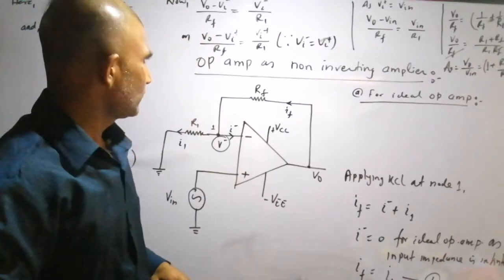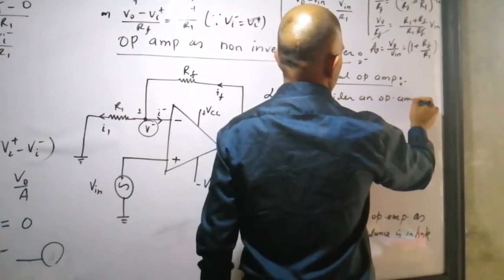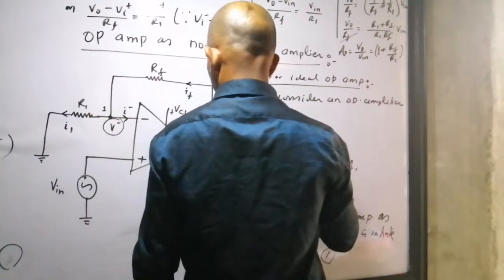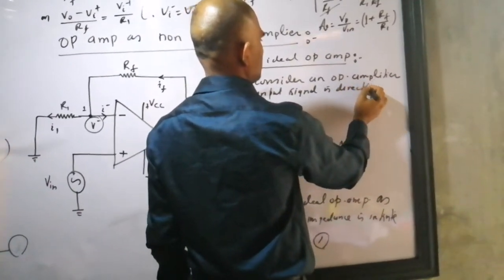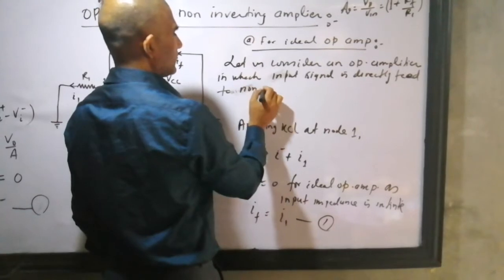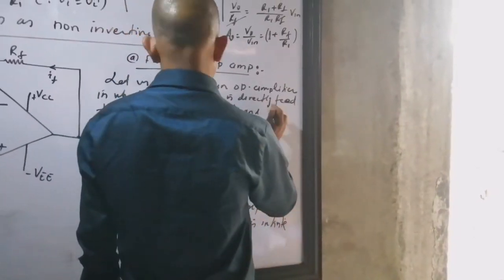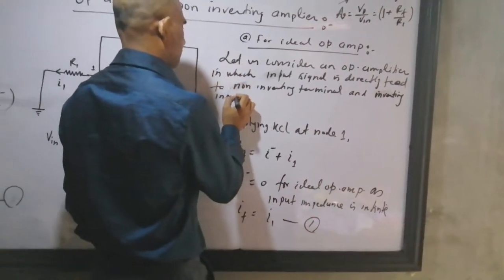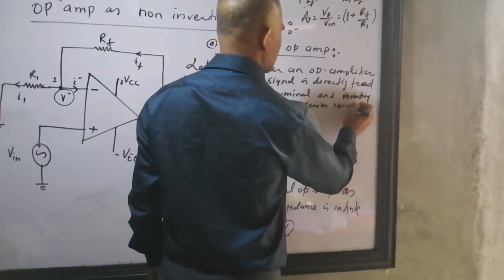But before that, I have to write some description. So let me write. Let us consider an operational amplifier in which the input signal is directly fed to the non-inverting terminal, and the inverting input is grounded through series resistance R1.